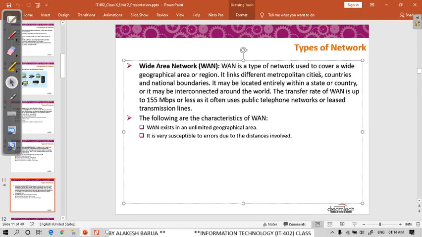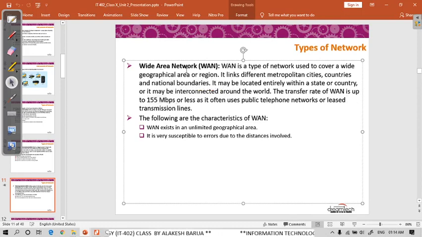No, you have to utilize other media such as wireless, satellites or telephone wires to send the data back and forth. So it often uses telephone networks or leased transmission lines. The medium is changed, distances are increased, and speed also becomes less.